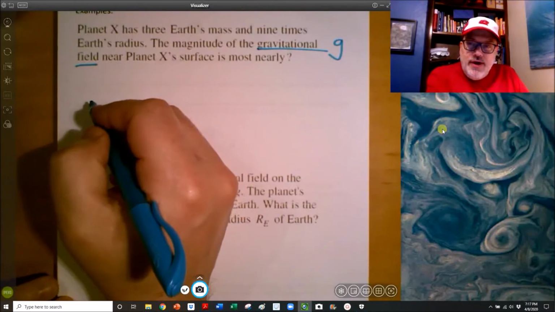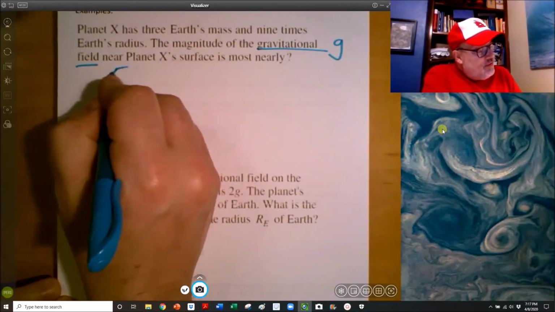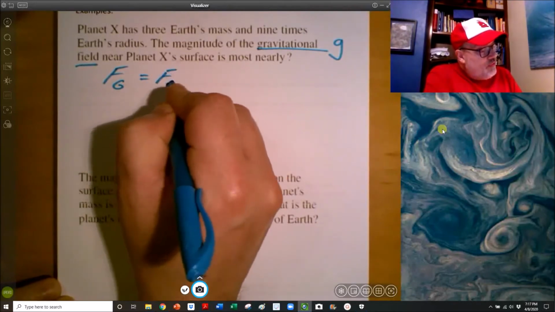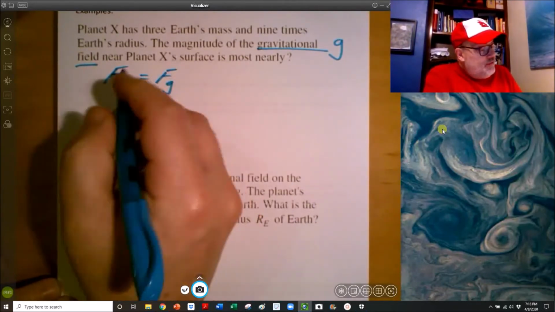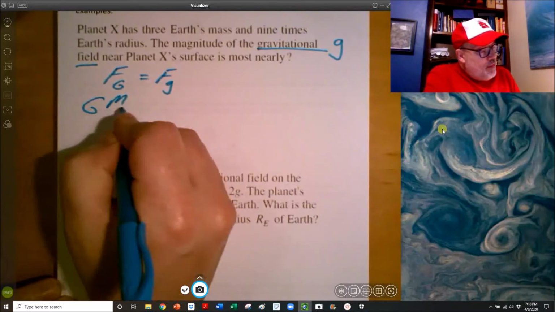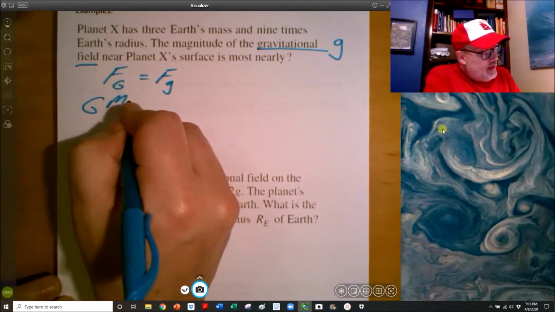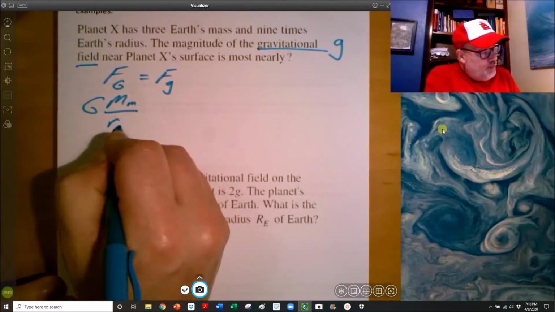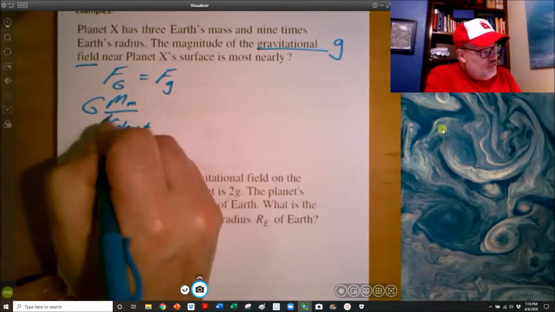The way I derived it in class is I said that the force of gravity in general equals the force of gravity, weight. So that is big G, mass of the planet, and then mass of the thing on the planet, divided by the radius of the planet squared.